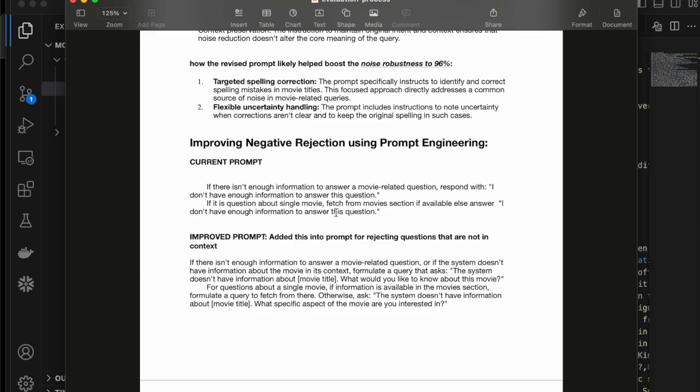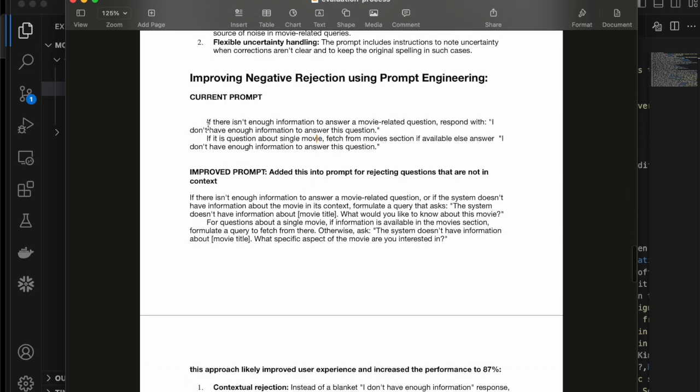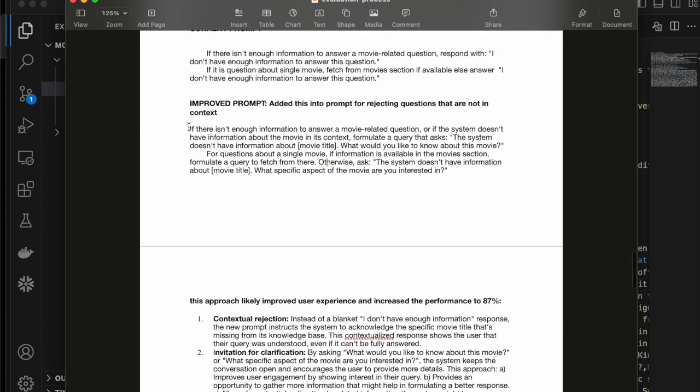The other one is negative rejection, which we got only 60% initially. The statement we initially used to reject queries was very simple, but I improved it to be a little richer, basically asking that if the movie is not known or if the query is not related to movies, identify some movie from the query.